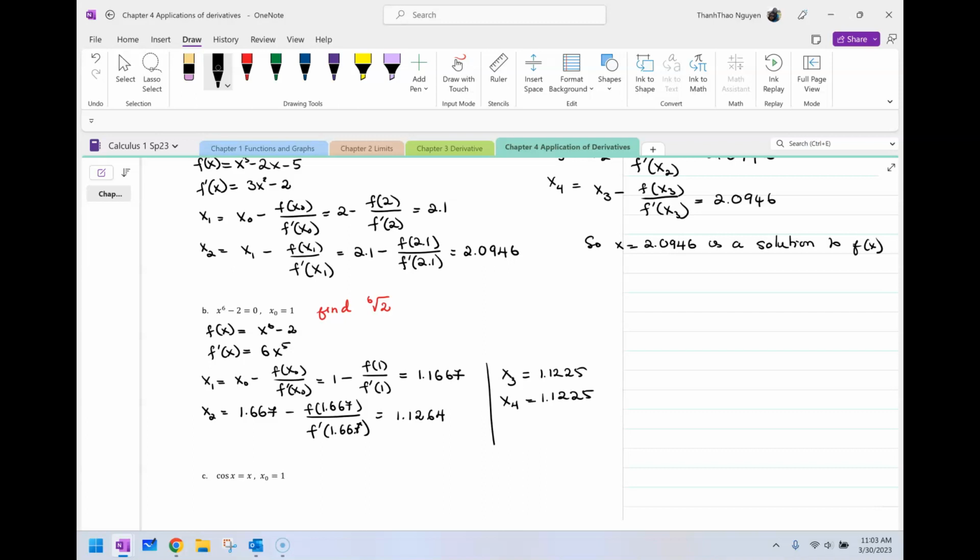So this is telling us that the sixth root of 2 is equal to 1.1225, or in other words, f of x equal to 0 implies x equals 1.1225.